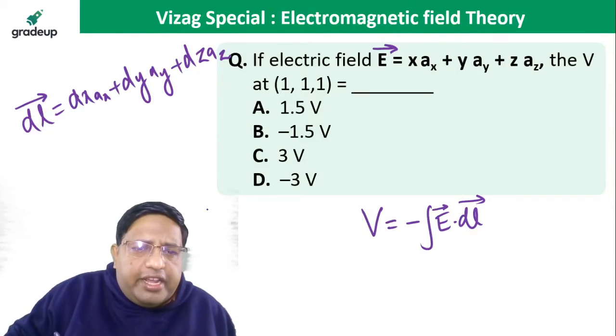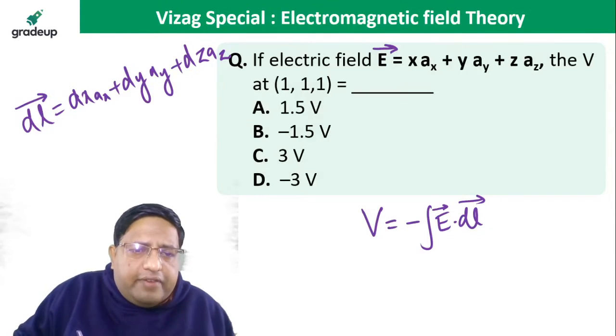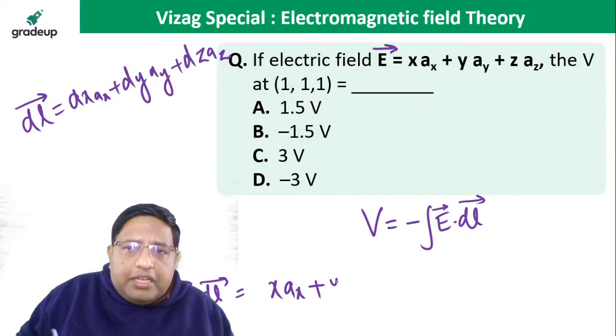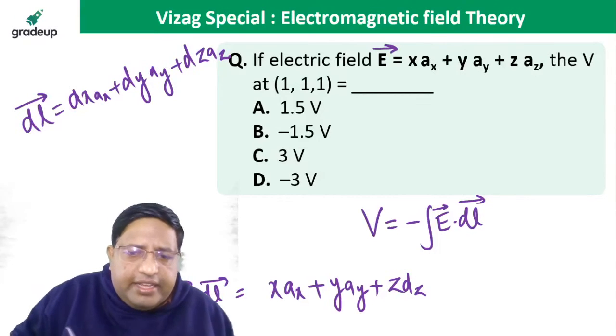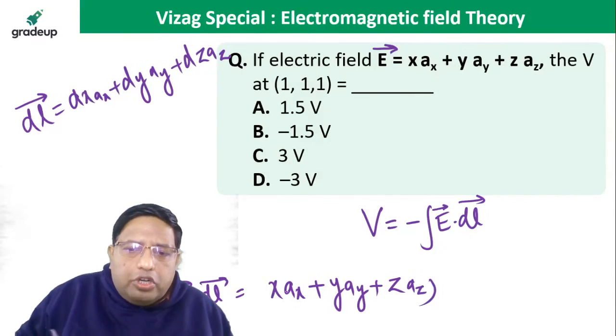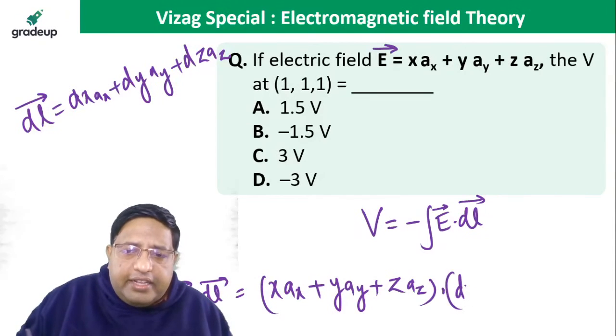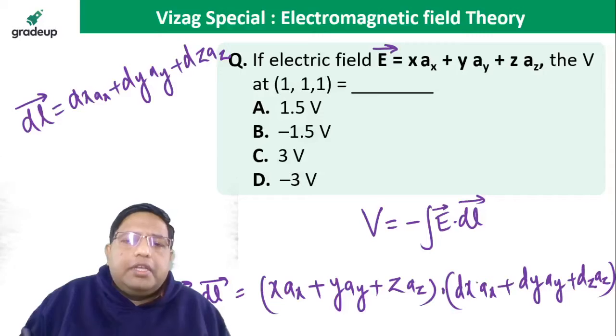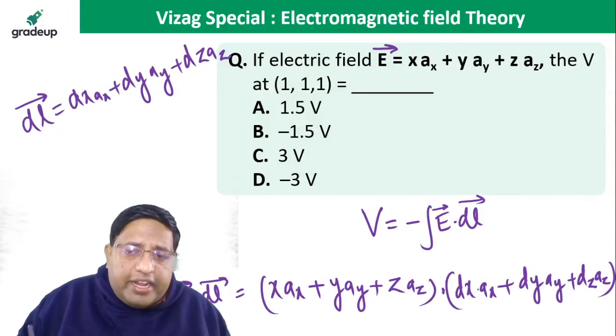So what is the E dot dl? If you calculate the E dot dl dot product, E is x ax plus y ay plus z az, dot dl, where dl is dx ax plus dy ay plus dz az. And you know ax dot ax is 1.